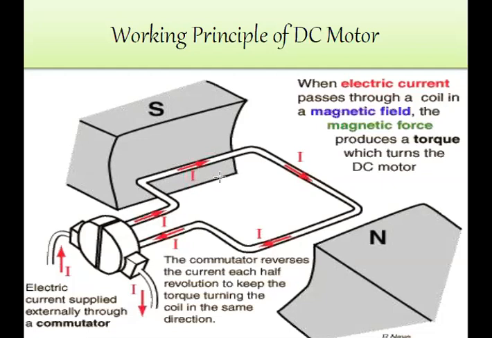This magnetic field either cancels or aids the other, based on direction, so there exists a difference between the magnetic fields, which in turn produces a torque, a rotating force on that conductor, so the conductor rotates. The electrical current is supplied externally through a commutator, and the commutator reverses the current each half revolution to keep the torque turning the coil in the same direction.